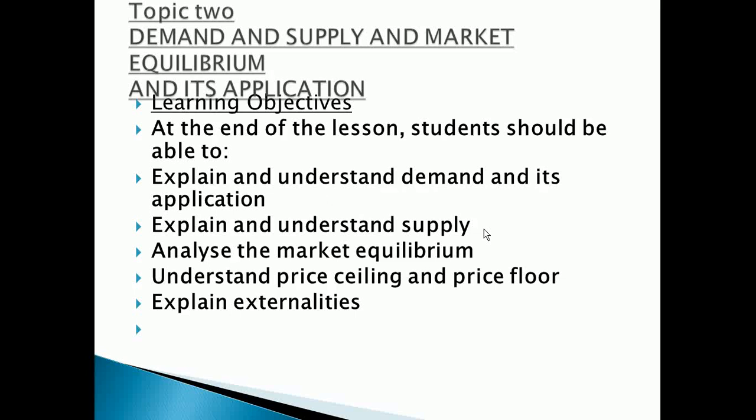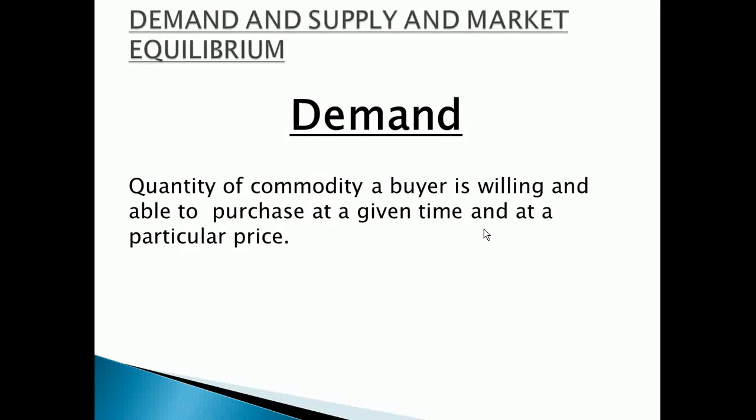By implication, an individual must be willing, must be ready to buy the product, and at the same time must be able. The ability to purchase the product focuses on the purchasing power. That means such an individual must have the income or the money that will help when it comes to purchasing of that product.